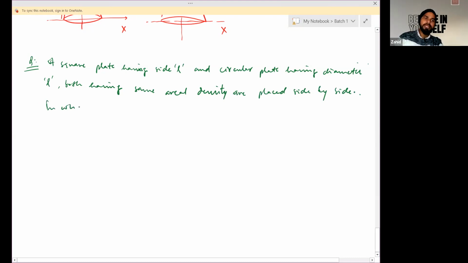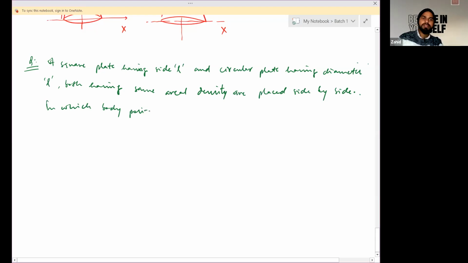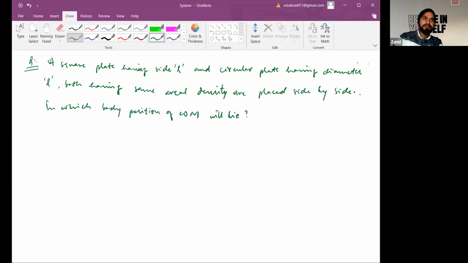So in which body will the position of the center of mass lie, and how will you calculate that? Is it clear?